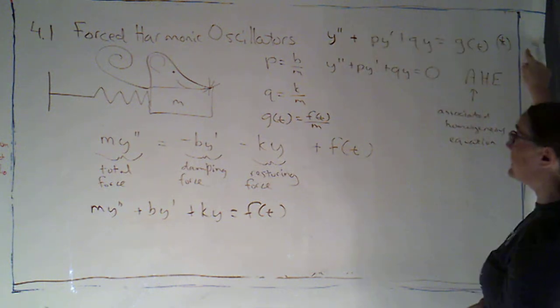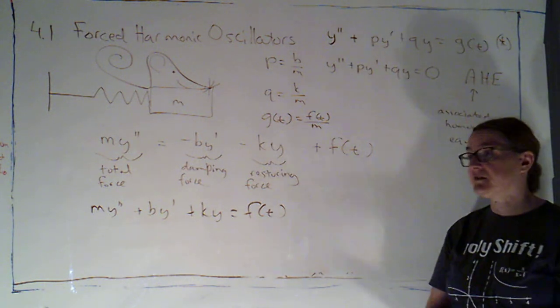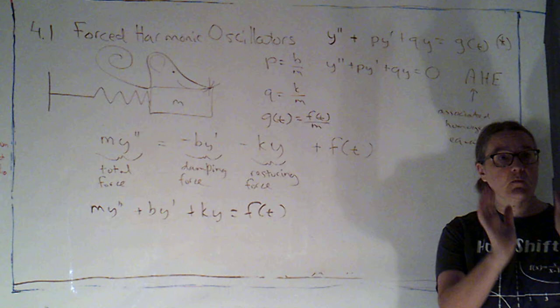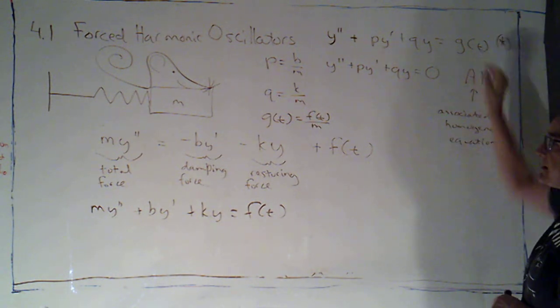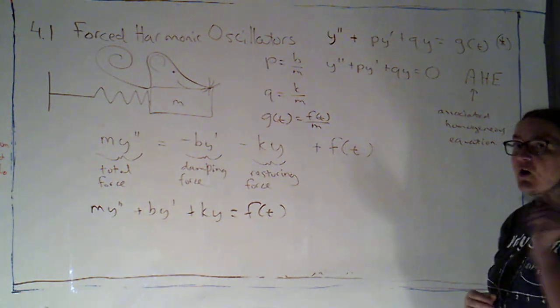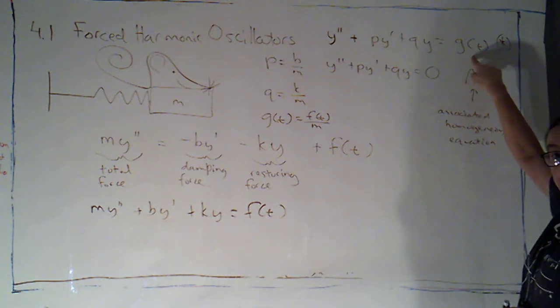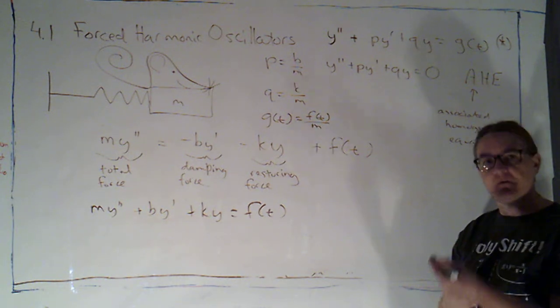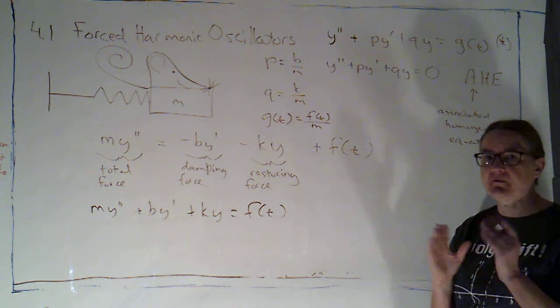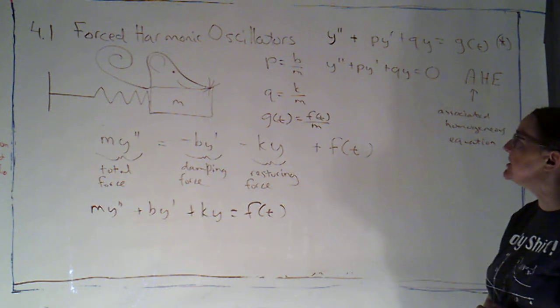It is linear because every term is just some y's, some y primes, some y double primes, or a function of t. So it is still linear. What it is not is homogeneous, because there is a term that is a function of t that is not a coefficient in front of y or one of its derivatives. So that's what's new. It's not homogeneous.